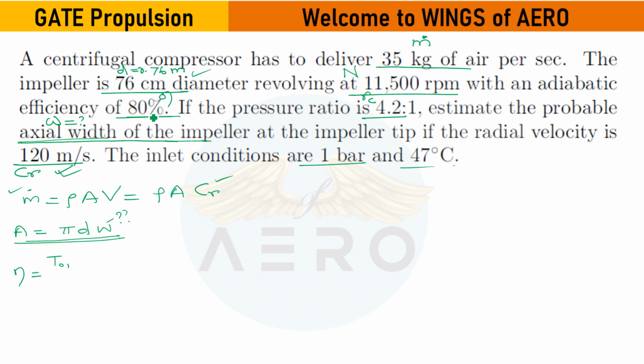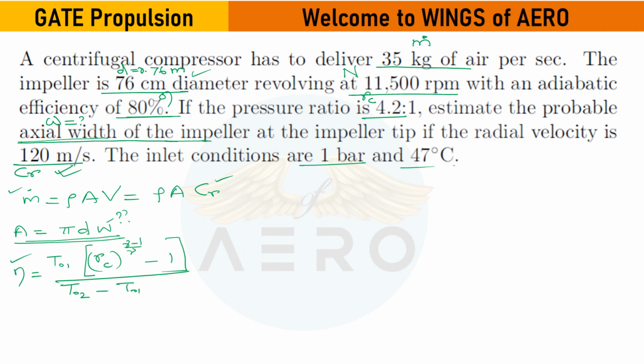The efficiency formula is T naught 1 times RC to the power gamma minus 1 by gamma, minus 1, divided by T naught 2 minus T naught 1. From the given data, efficiency is given.